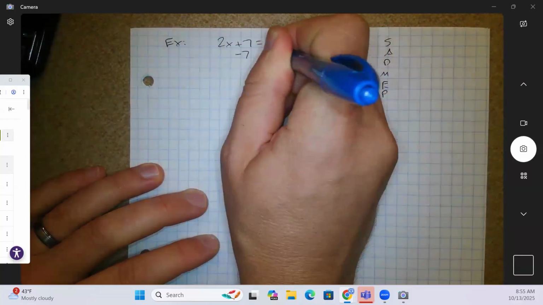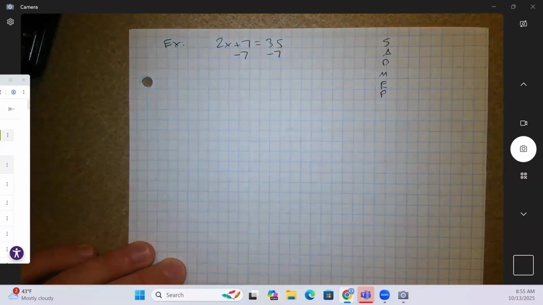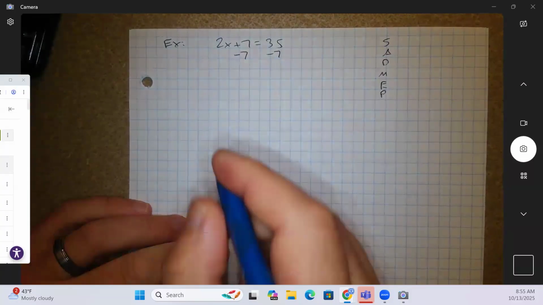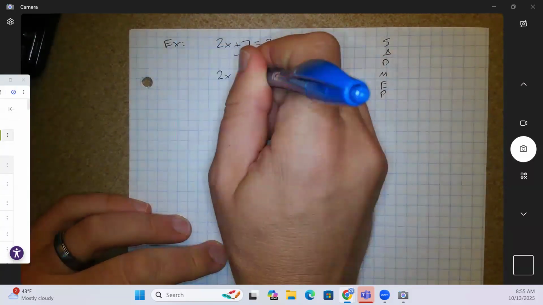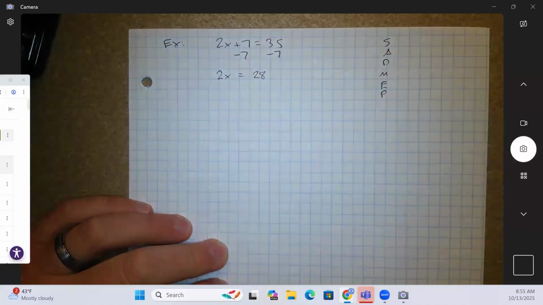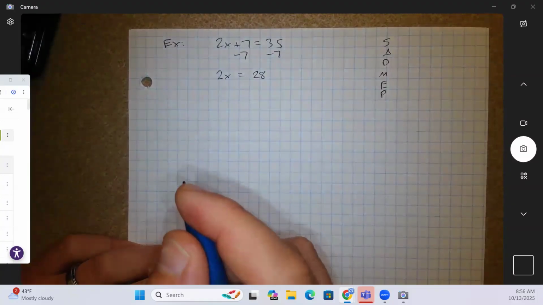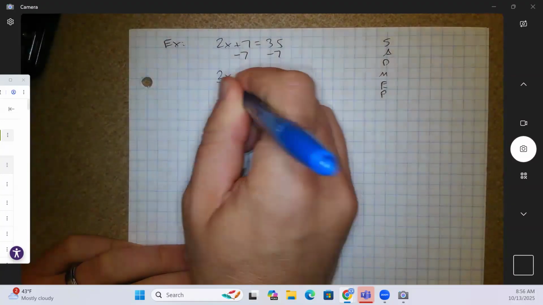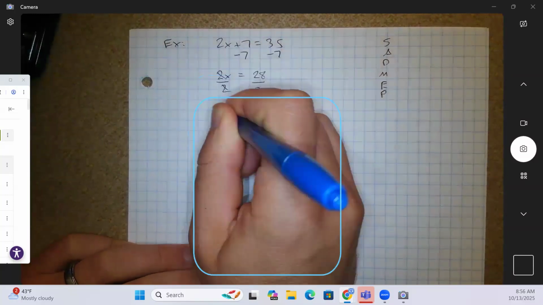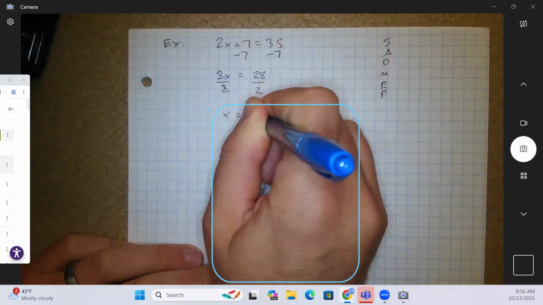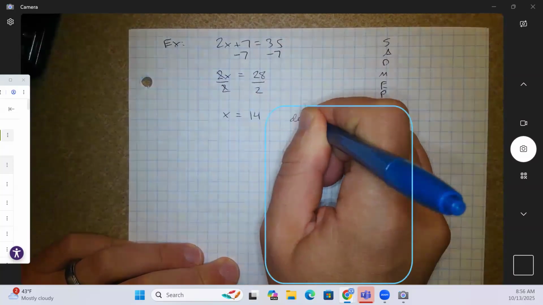And to undo addition, we can just subtract 7 from both sides. And we have 2x equals 28. And then how do we undo the multiplication? Divide both sides by 2. And we get x equals 14. And we're done.